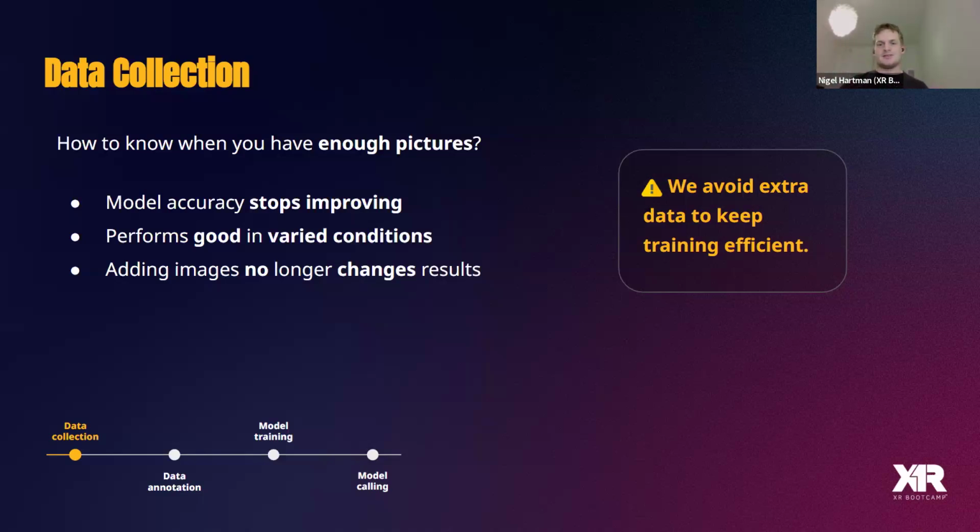For example, if you have a bit dark lighting or you're outside and inside, does the model perform well in both environments, or just inside because you just trained the model with inside pictures? And also, if you add more and more pictures, maybe at some point the result doesn't change and doesn't make the model better anymore. Then every picture you put on top of that will be just too much data and will not have any benefits.